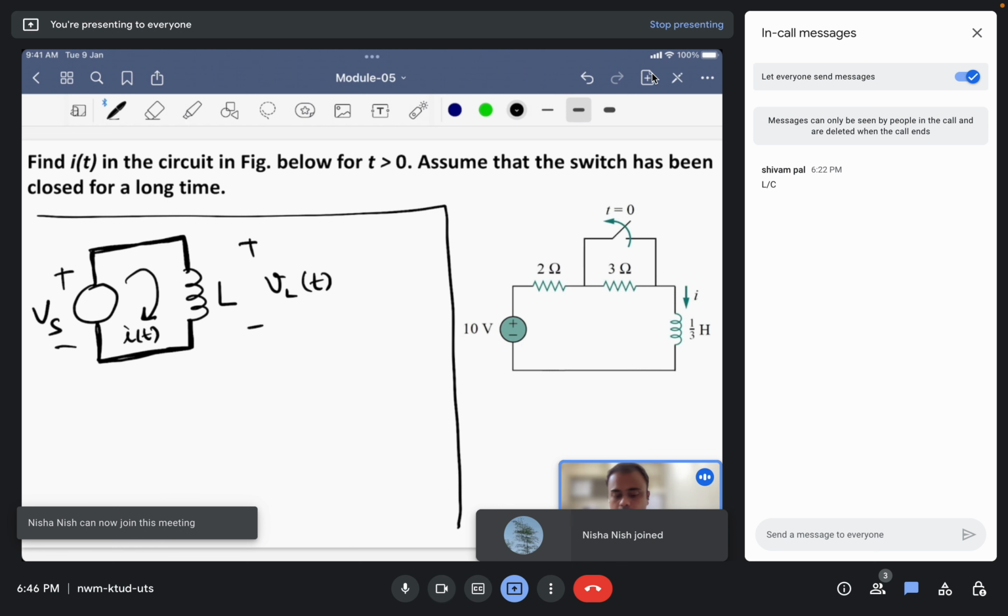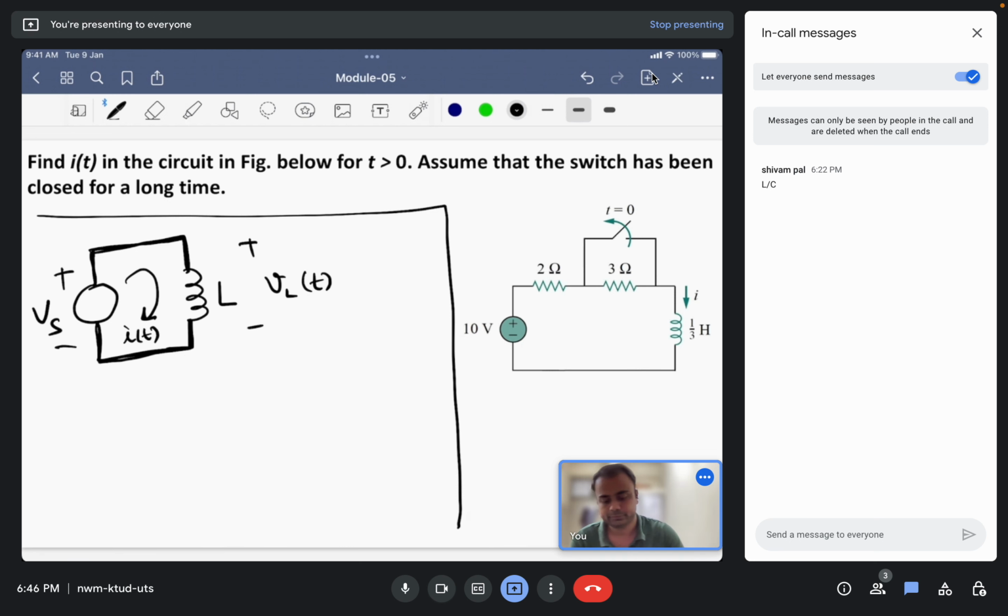Okay, in case we are connecting a voltage directly to an inductor, we know the relation that the voltage drop across the inductor V is given by L into the differential change in current with respect to time. Here the voltage is constant. We are applying constant DC voltage Vs. So let us integrate both sides.